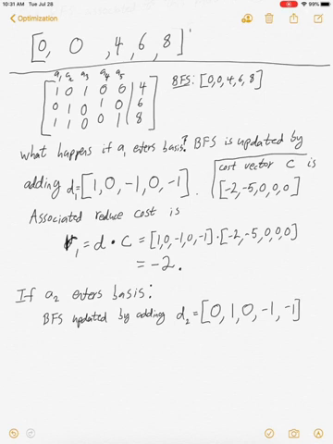So if I move in the direction D2, what's going to happen to my cost? So in this case, my reduced cost is going to be gotten by taking this vector and taking the inner product with the cost vector. If I do that inner product, I get -5.